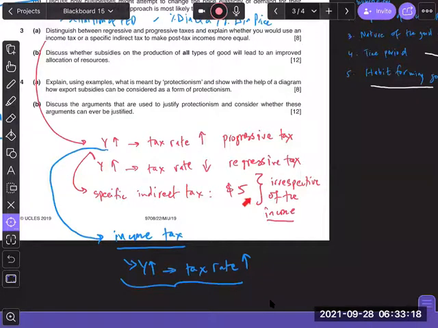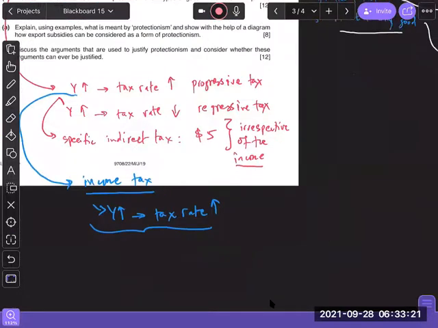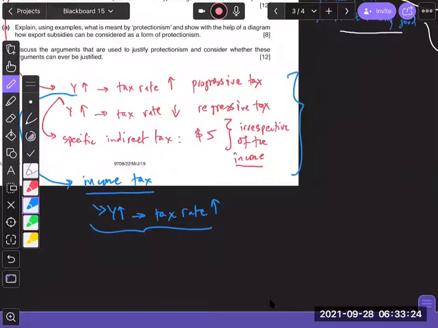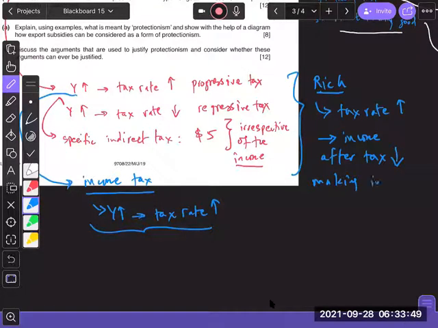The answer is that progressive taxes are deemed more fair because if there is a rich person with a high income, the tax rate could be increased so that income after tax, or disposable income, goes down, making incomes more equal.